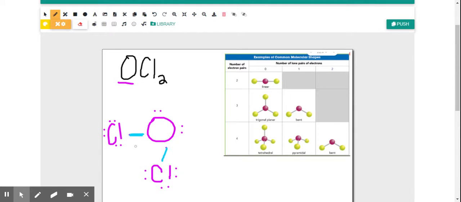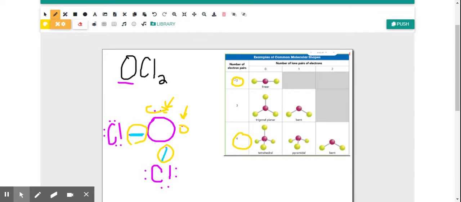So again, we're going to count electron pairs on the central atom. We've got 1, 2, 3, 4. Okay, so once again, we've got four pairs, but notice this time we have 2 lone pairs.